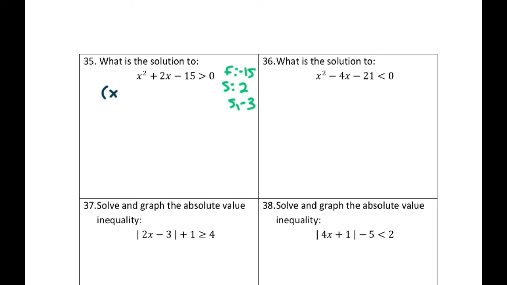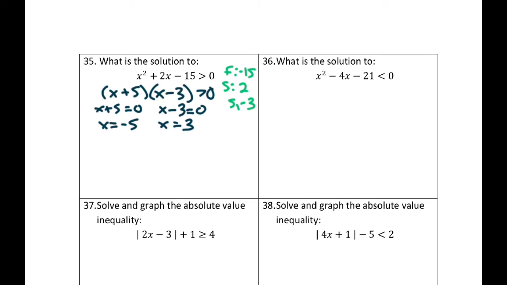So we have x plus 5 and x minus 3. Now I'm going to find where each of these equals 0. So x plus 5 equals 0, and x minus 3 equals 0. So we get x equals negative 5 and x equals 3.